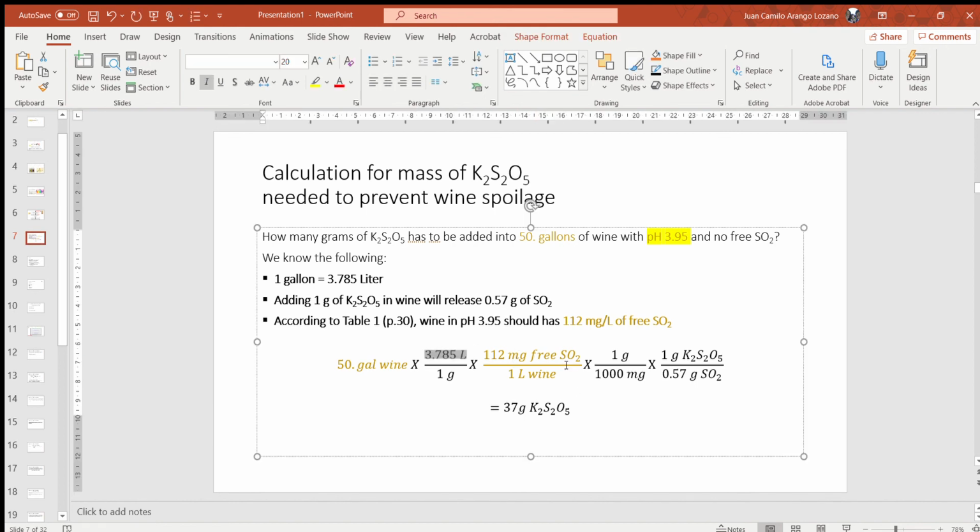Once I make that change, I need to pass from milligrams to grams because all this information, as you can notice, is expressed in grams. So there's no point in working in milligrams. And once I pass from milligrams to grams, the final step is just to relate that I should have 0.57 grams of SO2 per each gram of potassium metabisulfite. And in the end, you will get a mass of potassium metabisulfite.